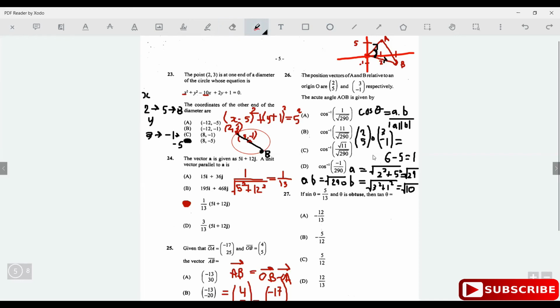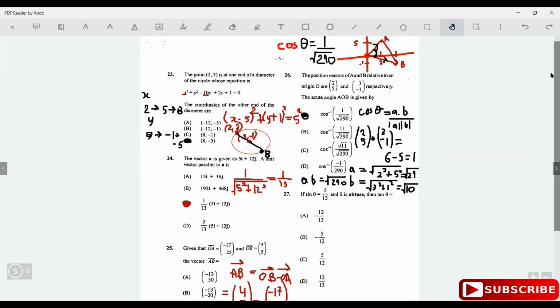So what we're getting now is that the cosine of the angle theta is A dot B, which is 1 over the square root of 290. Cos of theta is 1 over the square root of 290.